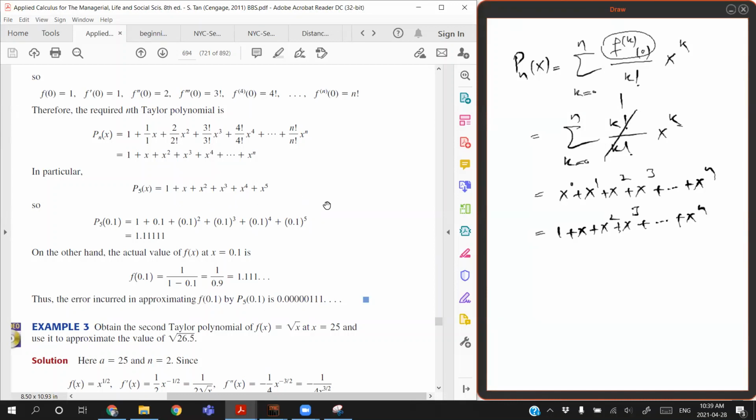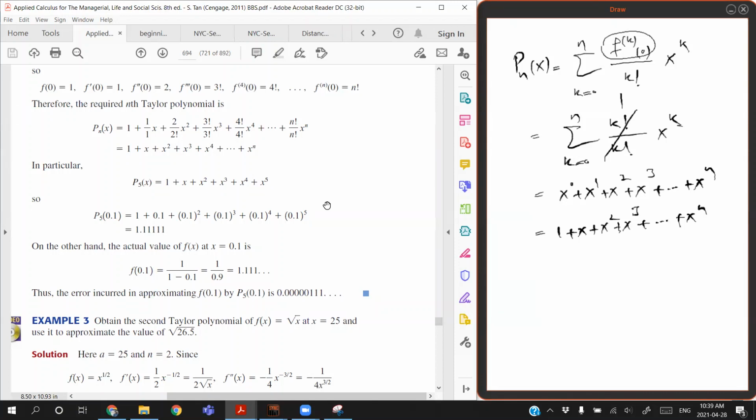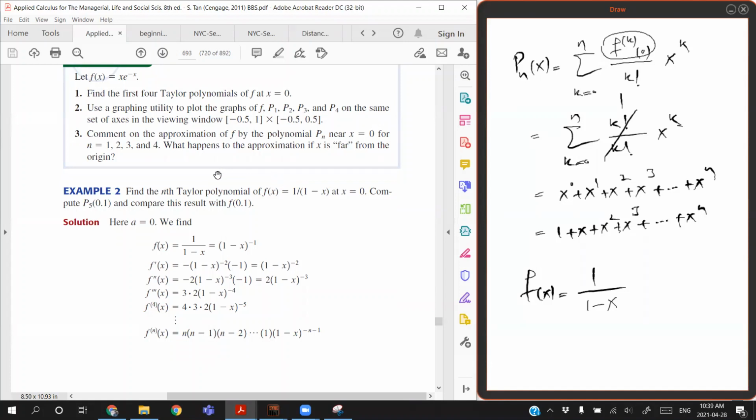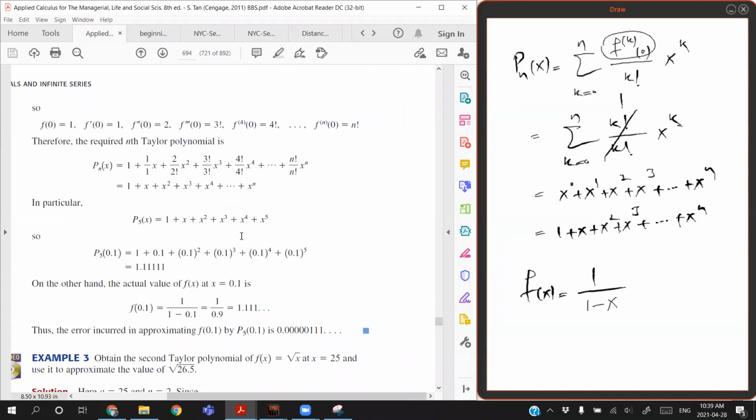And now we can test this. The original function was f of x is 1 over 1 minus x. So we can calculate the value of this function at a number close to 0 using a calculator. And then we can also approximate the value of this function using the polynomial to see whether they're actually close or not.